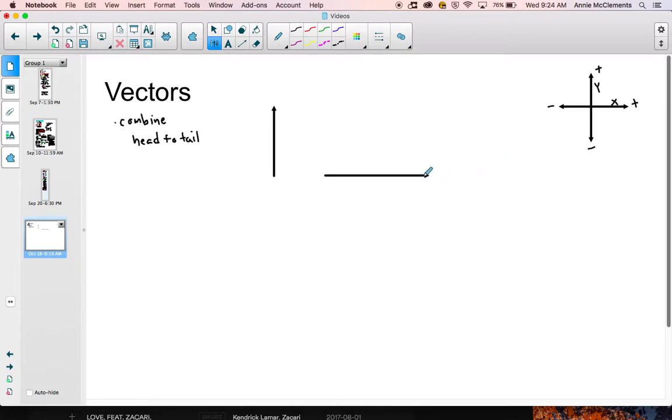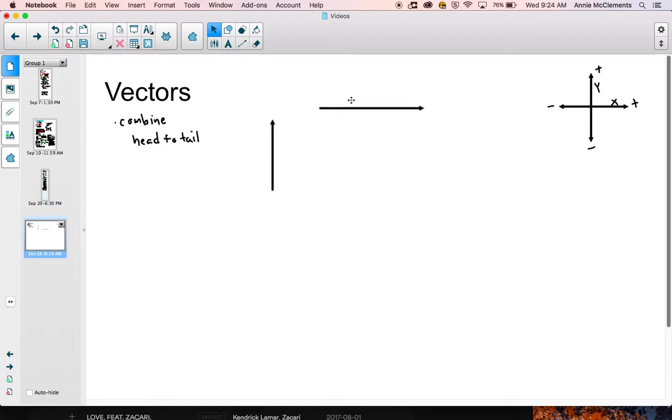So here I have two vectors that describe the motion of an object in two dimensions. Here's the vertical component of its motion, and here's the horizontal component. I want to figure out the overall vector of motion of this thing. What is its magnitude and what's its direction?